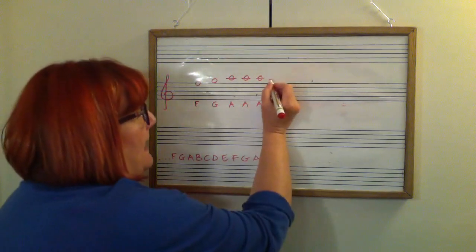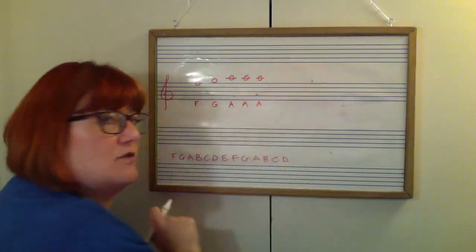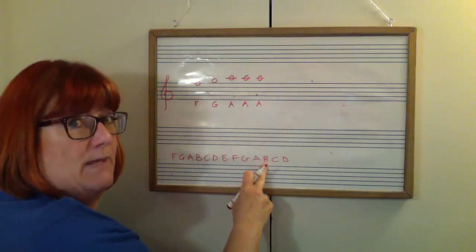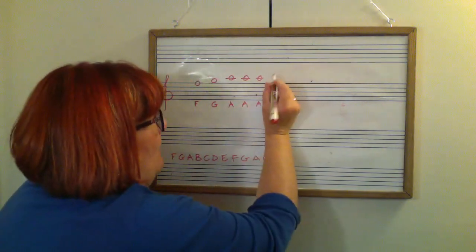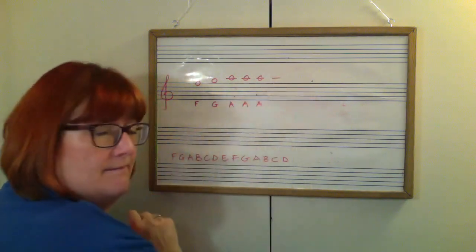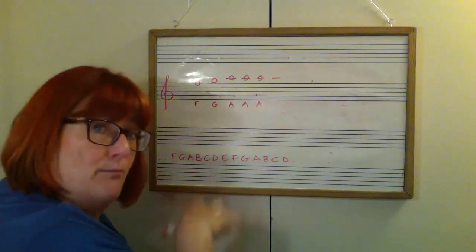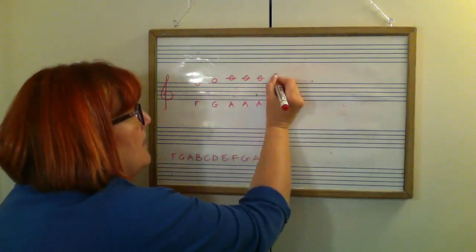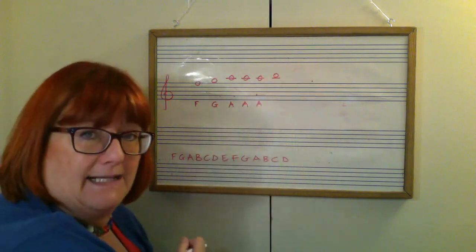So let's see now. After the A, what letter do we have in our alphabet and our musical alphabet? We have B. But we haven't got a space. So this is what we do. We draw a line, the A line, but we don't put the A on there because we don't want an A, we want a B. So we put the B above it like that.